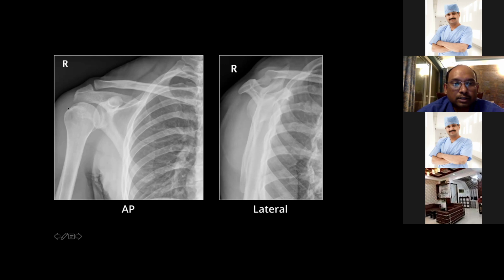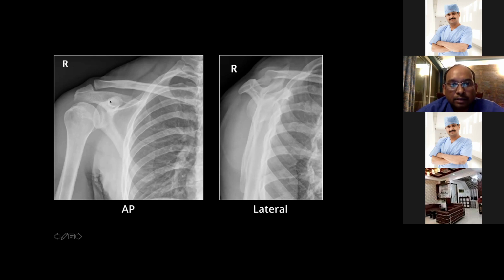In between is the bicipital groove, where the long head of the biceps tendon passes. It has an articular surface which forms the articulation with the glenoid. The glenoid is more or less an oval shaped structure, of which the inferior one-third is an imaginary circle, whereas the upper part is more of a fusiform structure.